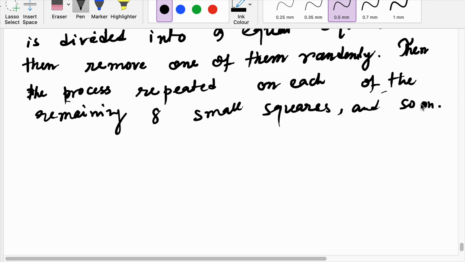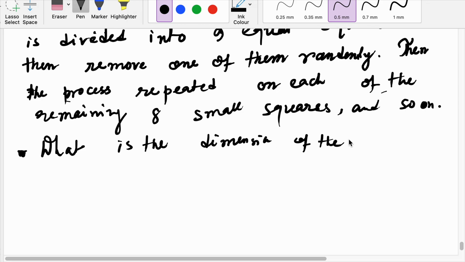So you finally do these things, and then what is the dimension? What is the dimension of the box? Now you see it is not exactly self-similar.